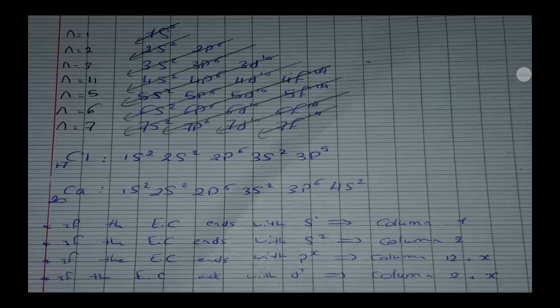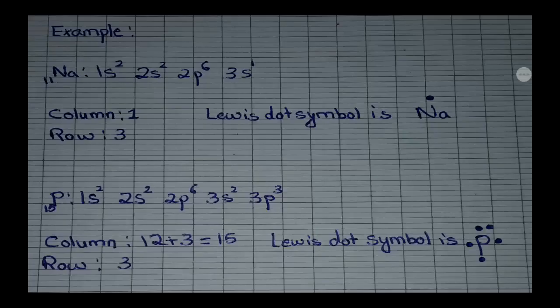If the electron configuration ends with px, like p5, then it is in column 12 plus 5, then it is in column 15. If the electron configuration ends with dx, d2, or d10, then it is in column 2 plus x, 2 plus 10, 12. Okay? I hope it's clear. You should memorize these.